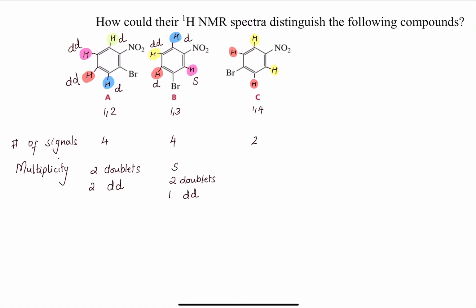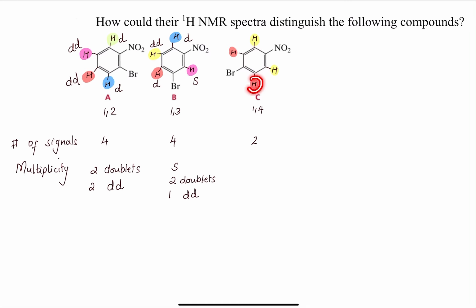Let's also look into the multiplicity of the para compound. Already we know how to differentiate this compound from the other 2, but since we already found the multiplicity of the other compounds, let's also find it for this one. This hydrogen highlighted in yellow has one neighboring hydrogen, and therefore it should be split as a doublet.